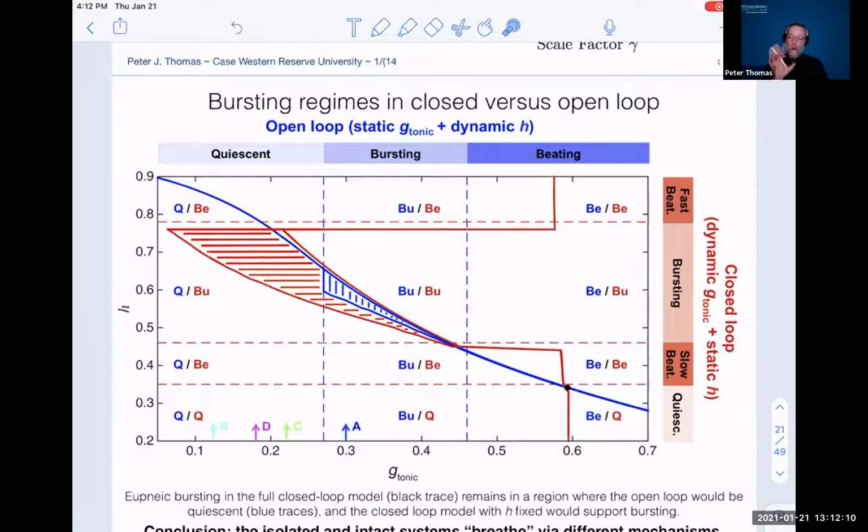So during normal closed loop eupneic breathing, there's bursting. During the bursts, H goes up and down and G tonic goes up and down. And so the trajectories we could plot in the G tonic H plane somewhere.